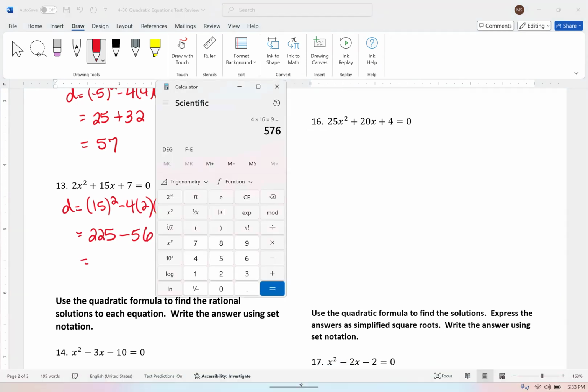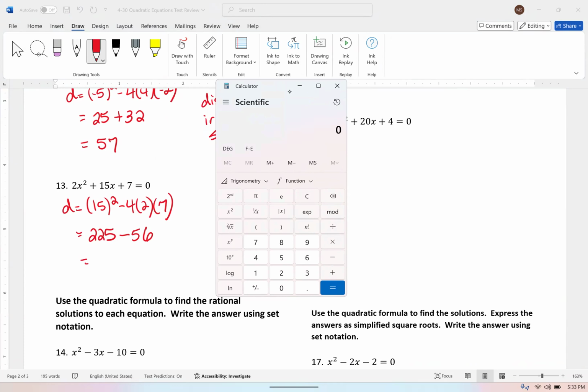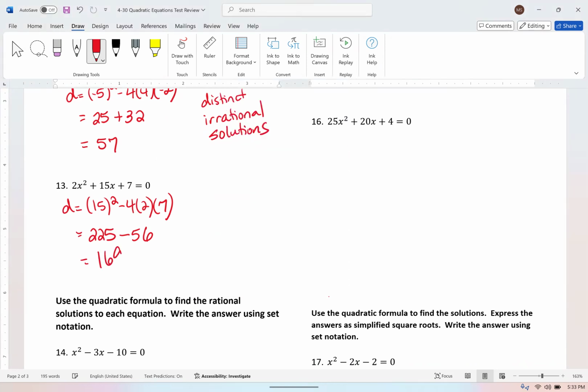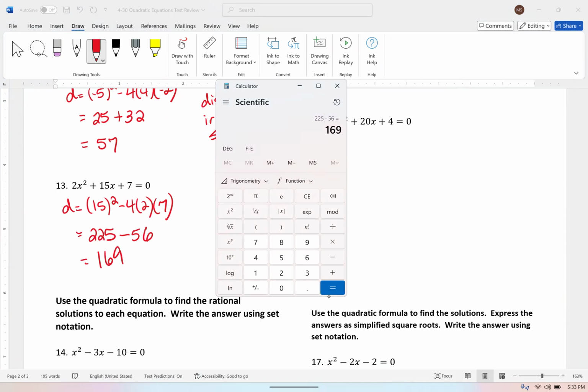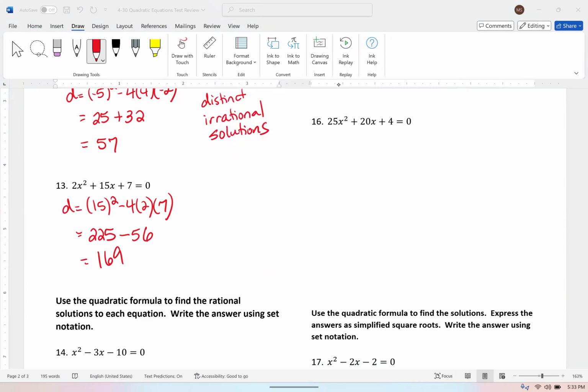All right. So 225 minus 56 is 169. Now, in case you don't know, 169 is a perfect square. If I take the square root of that, it's 13. So 169 is a perfect square. So this would be two distinct rational solutions.